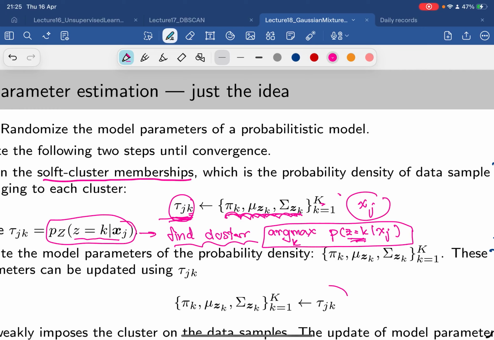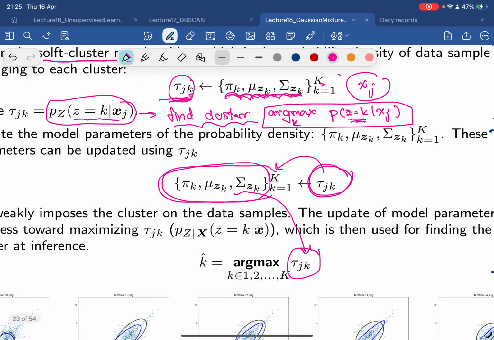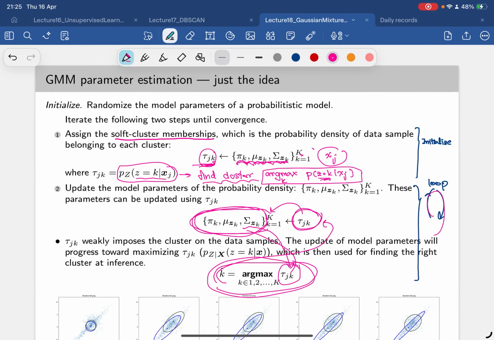Once we assign that, we use that assignment to recalculate these model parameters. And once we have these model parameters, we again use them to compute tau_jk, and once again we find the most suitable cluster based on that tau_jk. And once we have the assignment of the cluster, we go back to re-estimate the model parameters. So these steps will be somewhat like loopy iterations. Meanwhile, initially you will have to initialize the values for those model parameters.